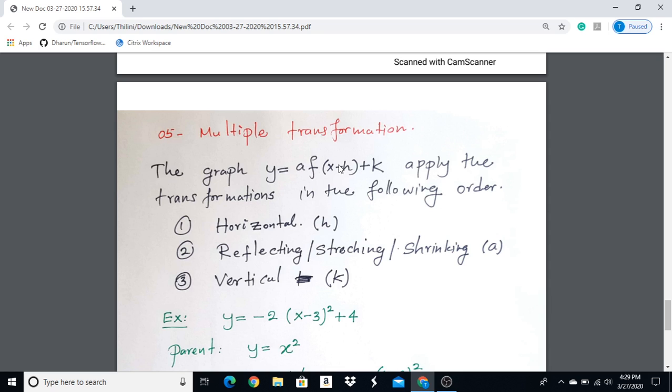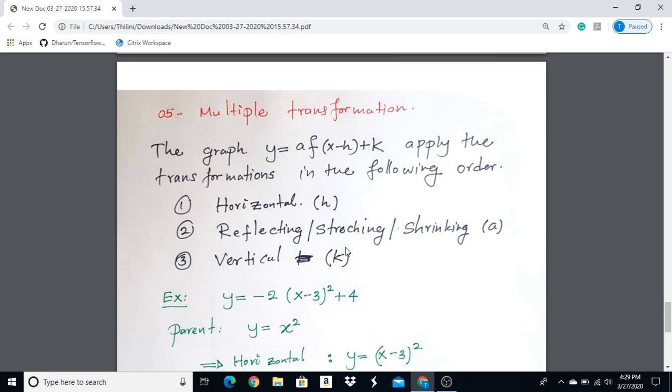If you want to make this graph with the given f(x), first you need to do the horizontal transformation, then do reflection, stretching and shrinking with a. The third one is finally the vertical transformation, that means k.